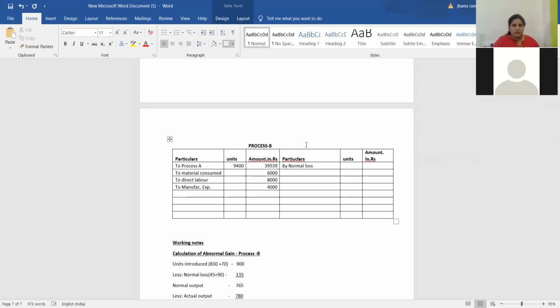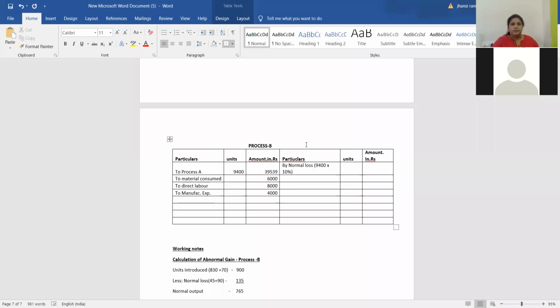10% means we have number of units here, 9,400 into 10%. So it will be 940 normal units.